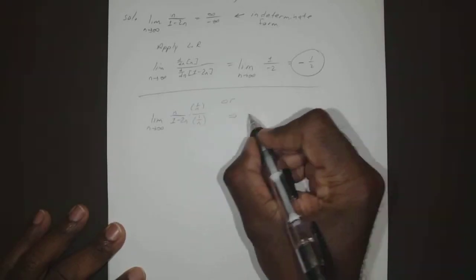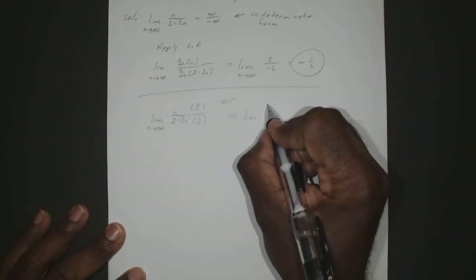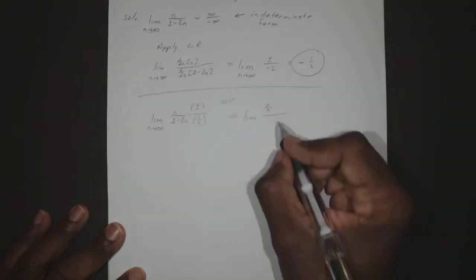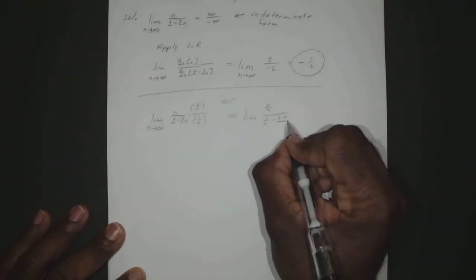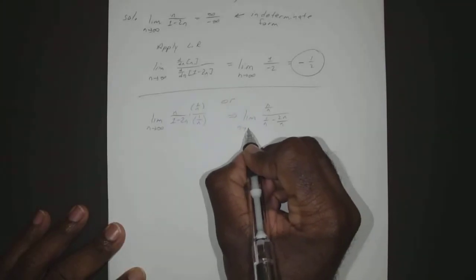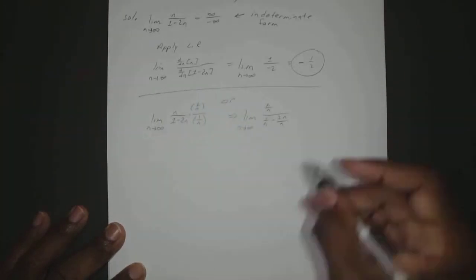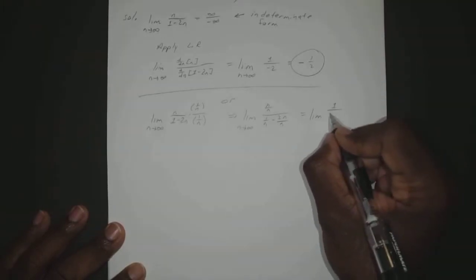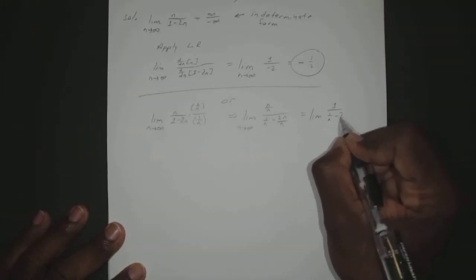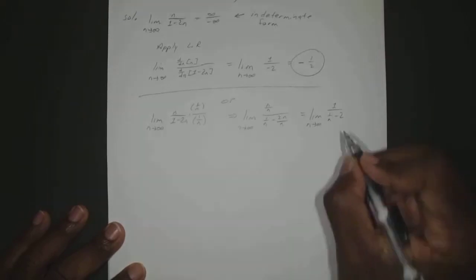So you end up with the limit of n over n divided by 1 over n minus 2n over n, which is the limit of 1 over 1 over n minus 2 as n approaches infinity.